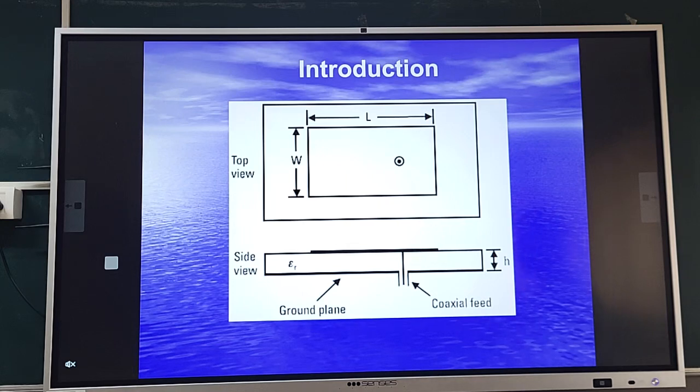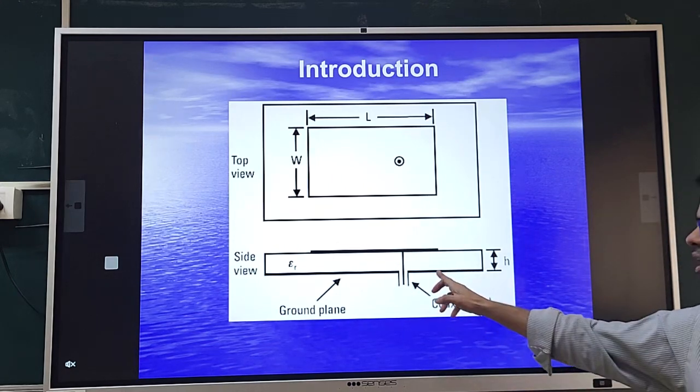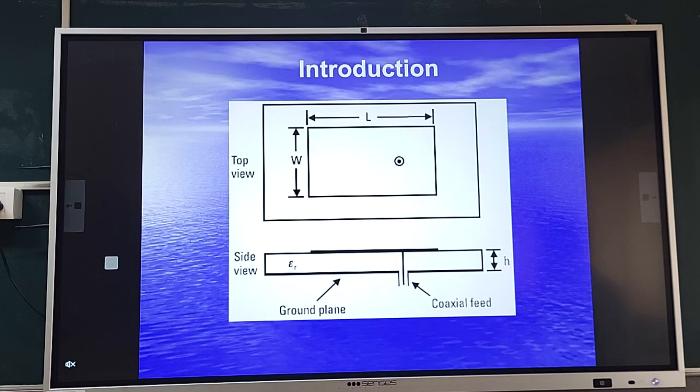So all these features are possible when I change the ground plane. From the basic understanding purpose, we are not going to get into those defected ground plane structure antennas. We are going to have conventional ground plane antennas, conventional in the sense there are no modifications employed onto the ground plane. So ground plane design also has a lot of role to play in the design aspects or design features which you extract from the microstrip antenna.